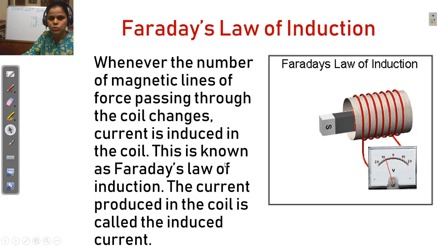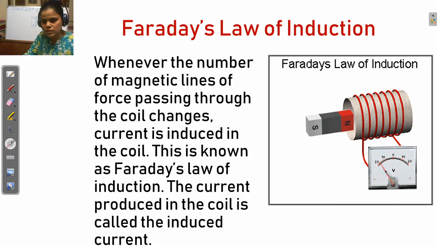So this is known as Faraday's law of induction. Whenever the number of magnetic field lines passing through the coil changes, then current is induced in the coil. And the current produced in the coil is called the induced current.